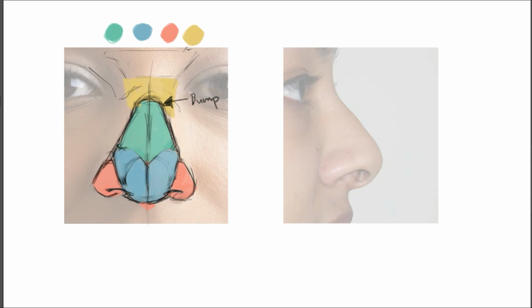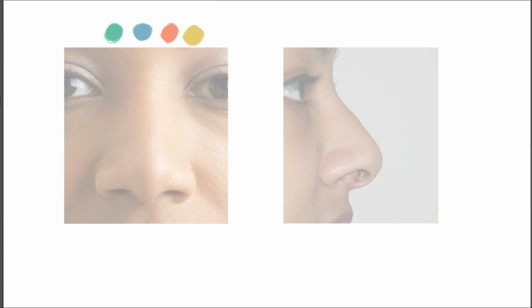Now let me go in and talk about the structure and building up this nose. What I like to do is think of the nose as a pyramid type shape. Now this looks like a kite, but it really is three-dimensional.